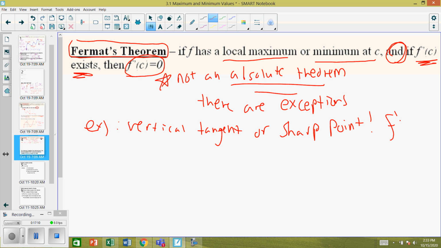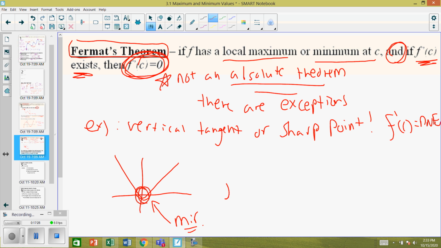Another way of saying that is where f prime of c does not exist. Let me give you an example. The absolute value graph. Okay. So like right here at this point, this is a minimum. But f prime of c does not equal 0. f prime of c does not exist.